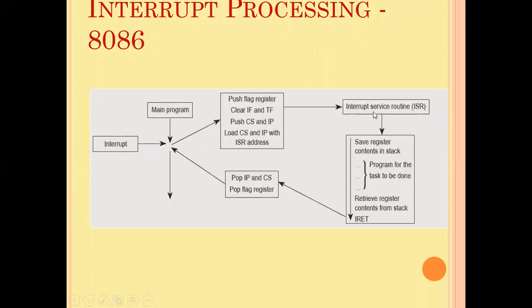Accordingly, it goes to the interrupt service routine, gets the address, and executes that interrupt service routine. Finally, because of IRET, interrupt return, it goes back and pops IP and CS which were pushed earlier, so that it can continue the main program.